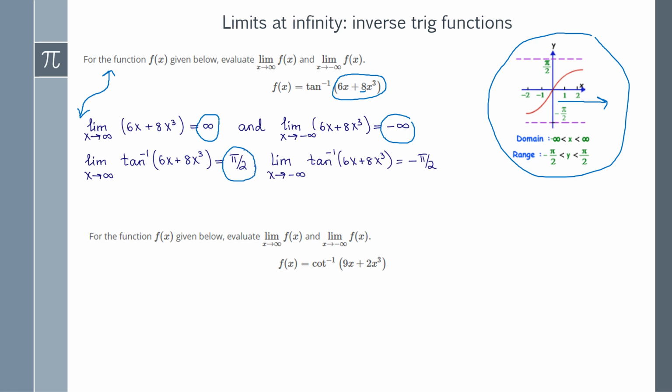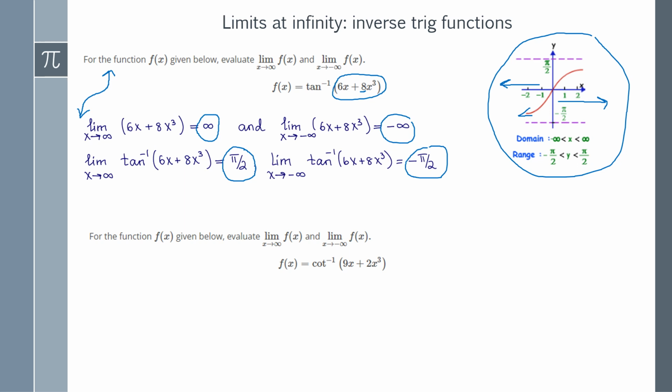Okay, so the limit as x goes to infinity of our function f of x is positive pi over 2. What happens as x goes to negative infinity? So this is us going to the left. Okay, the graph of our function goes down to the left, but it does not go to negative infinity. Okay, there is a lower limit, and that would be negative pi over 2.